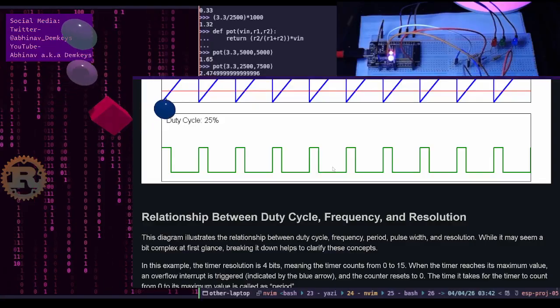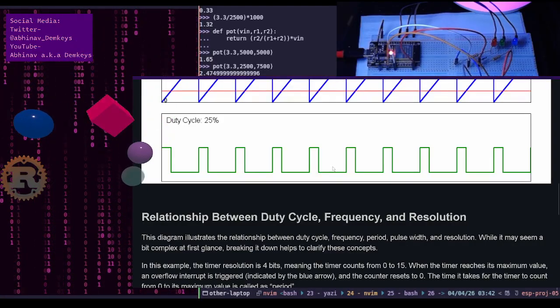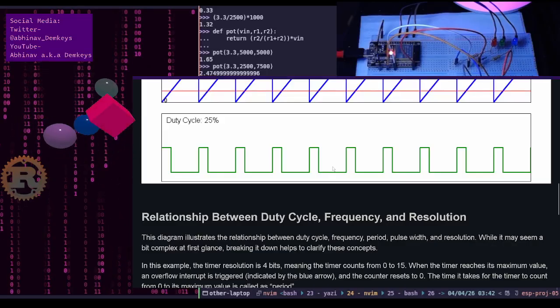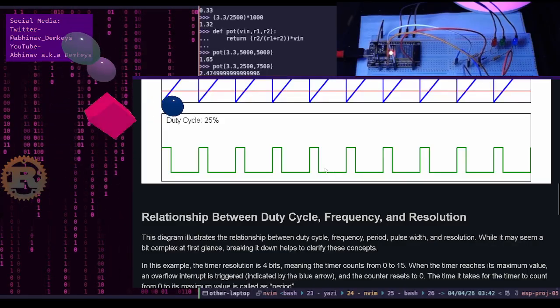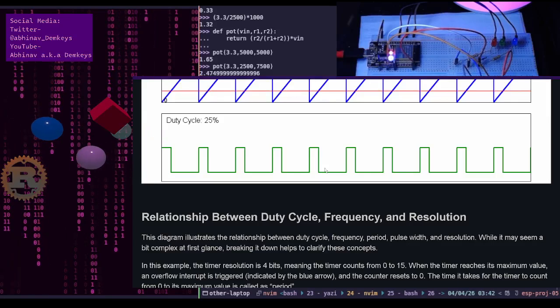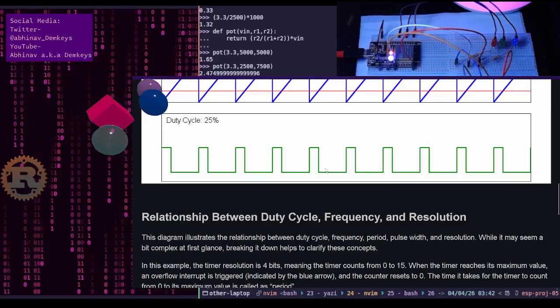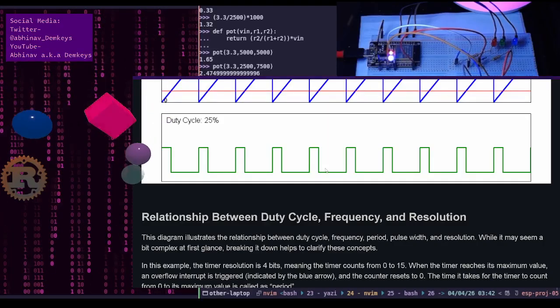Okay, what was the top one? How often? So the period is the frequency.